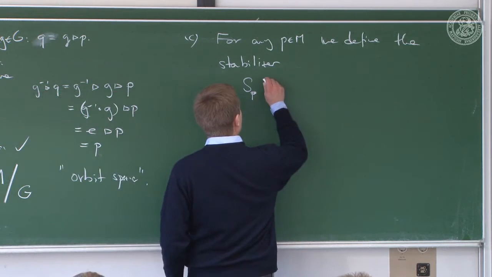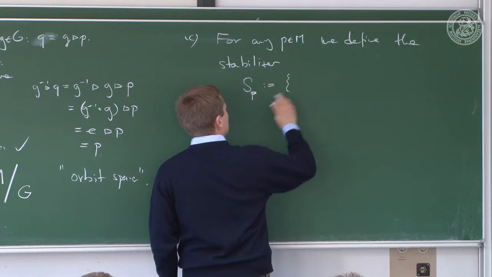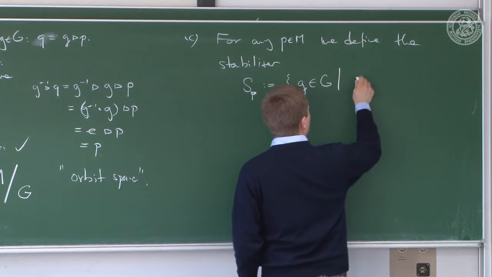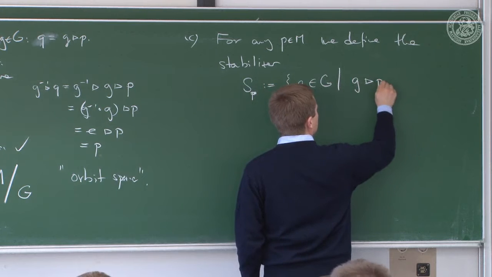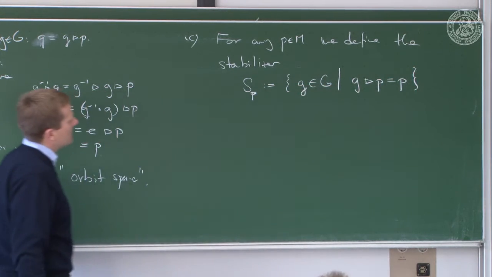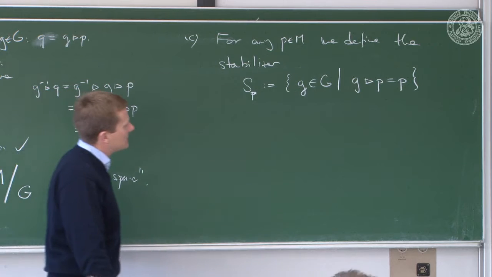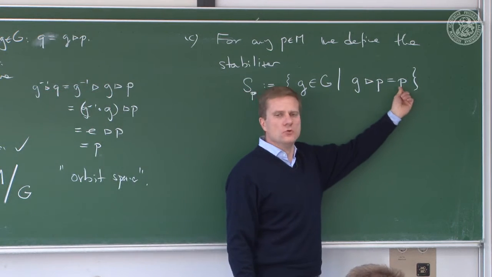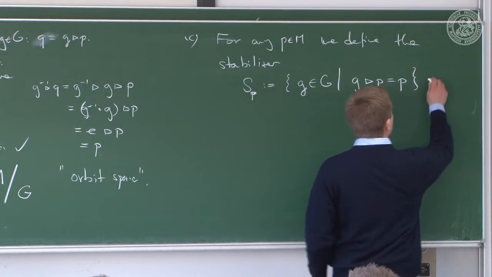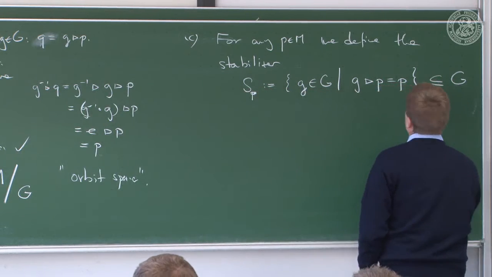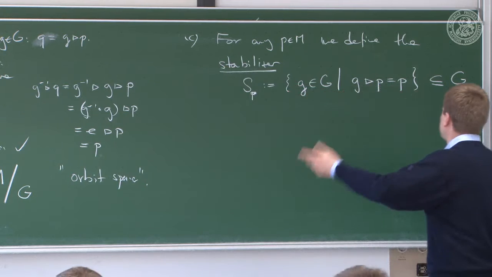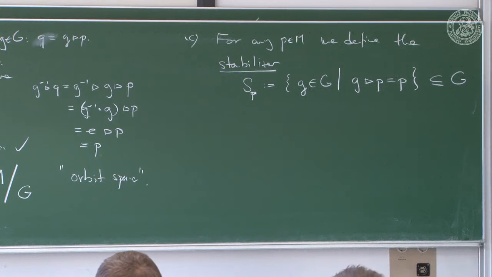The stabilizer are exactly those elements of the group that keep the point that you fixed invariant. So the stabilizer are all those elements in the group that do not move the point you chose. That depends on the point, and that's obviously a subset of the group. So always keep that in mind: orbit, subset of the space; stabilizer, subset of the group.